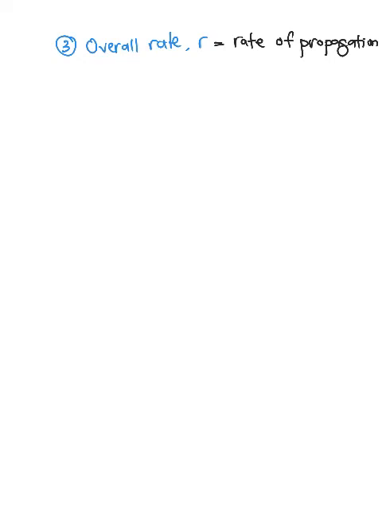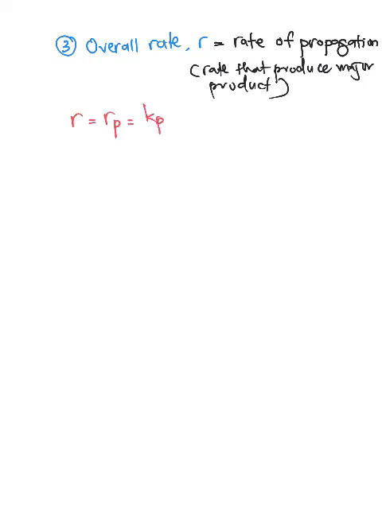So, the rate that produces the major product. Right, so in this case, major product is B and C. So overall rate R equals Rp, Kp, Ca, Cr.